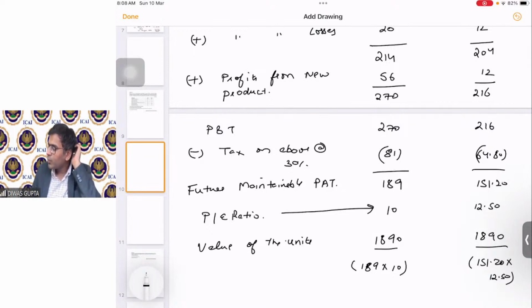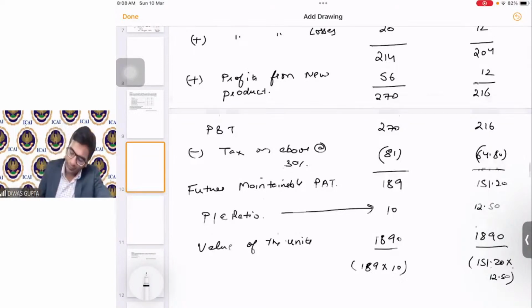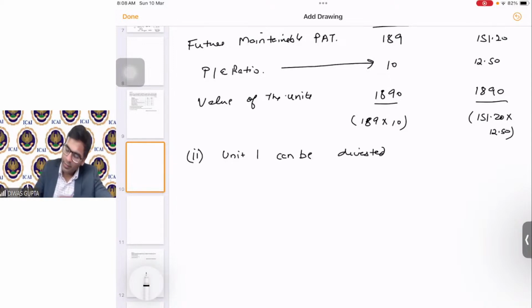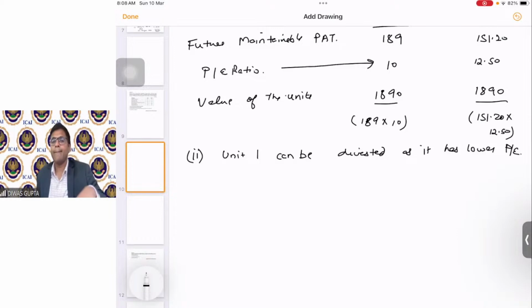It won't be unit 2, it will be unit 1. Unit 1 can be divested as it has lower PE.